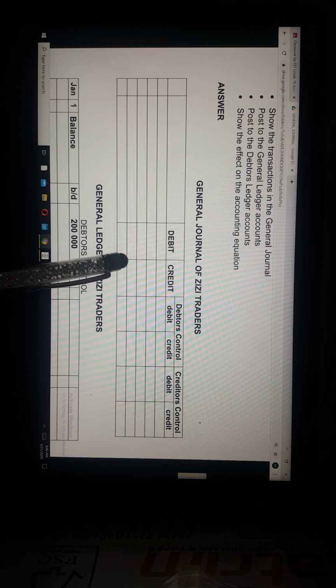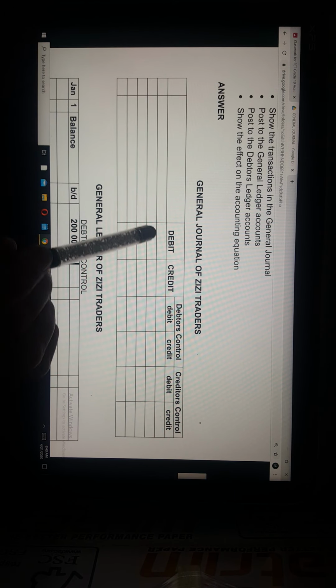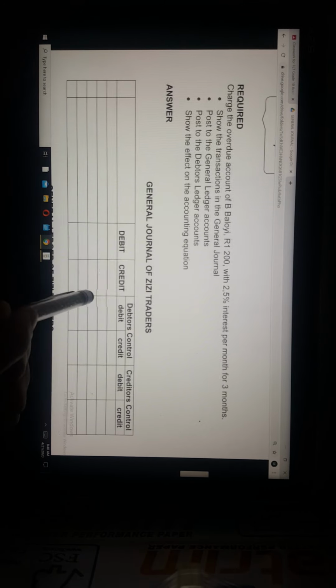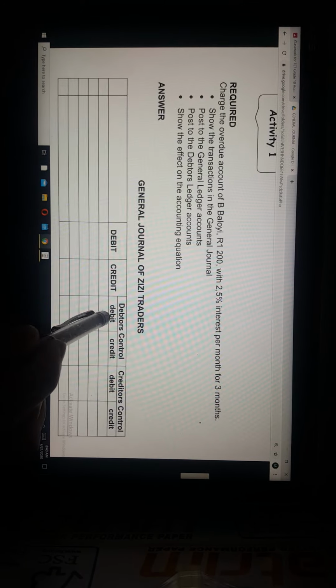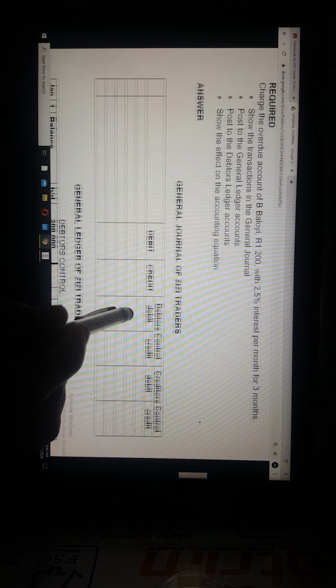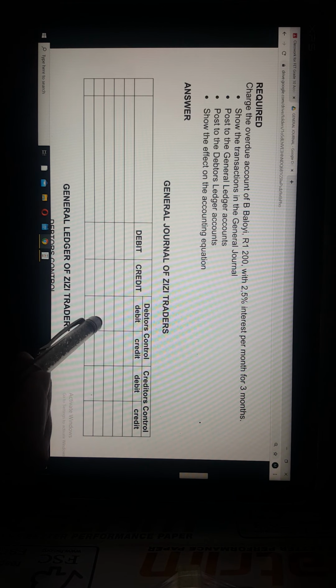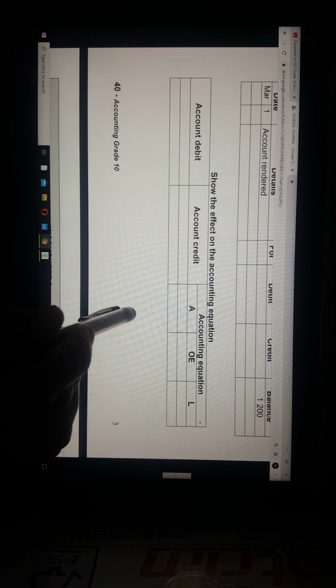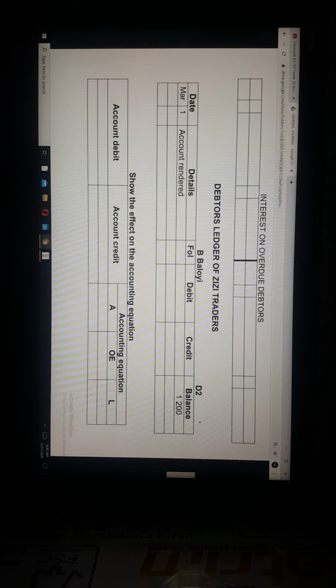You go through the video, you go through example 1, and then you try to complete the general journal of ZZ Traders. This is another debtor that's owing them money at 2.5% interest per month for 3 months. So what we're doing now is the same thing, the general ledger, the debtors ledger, and then we'll carry on to interest on overdue creditors.